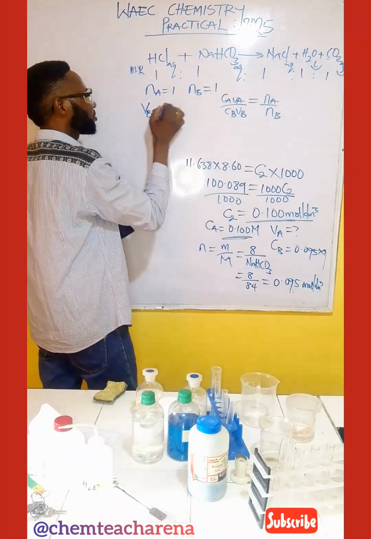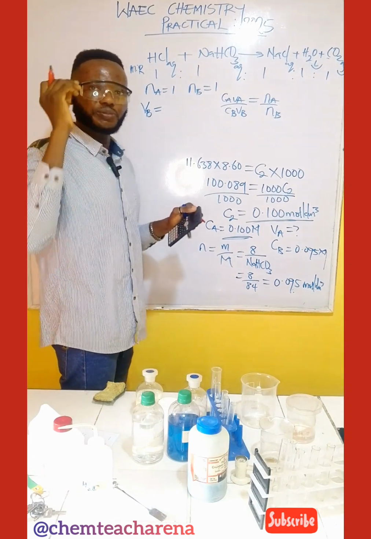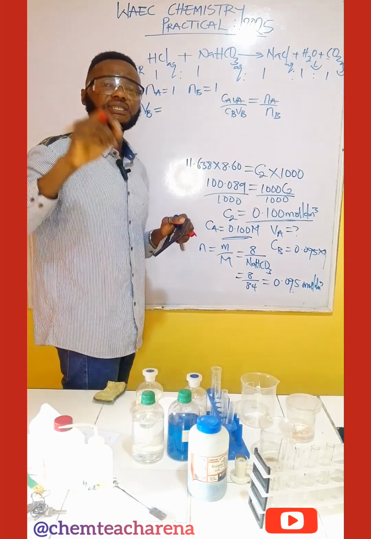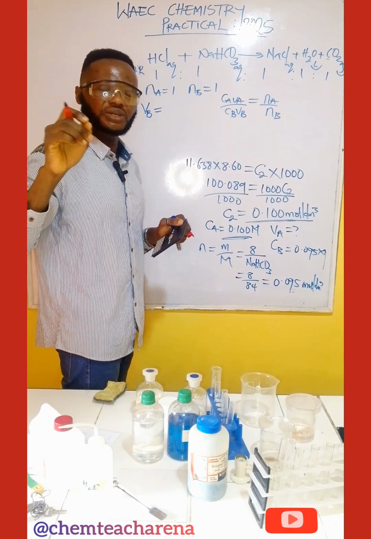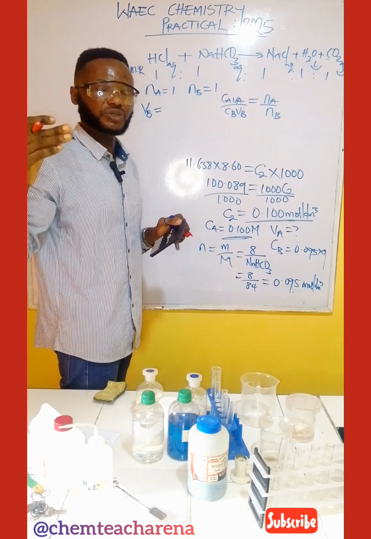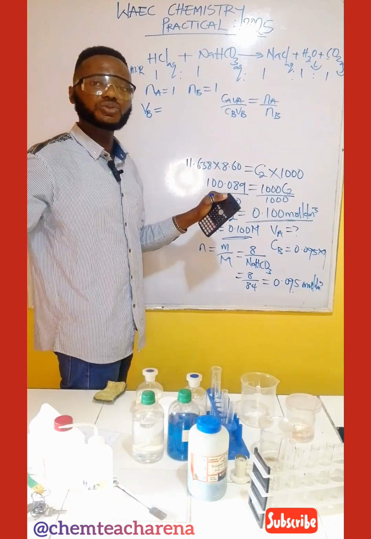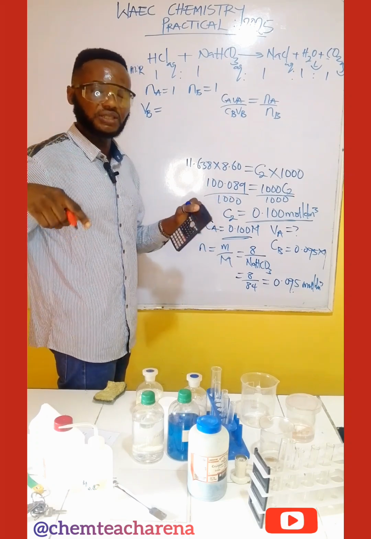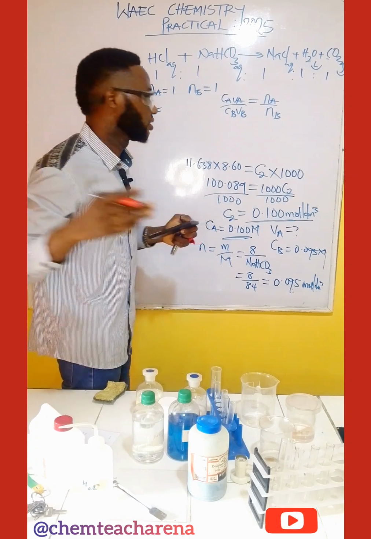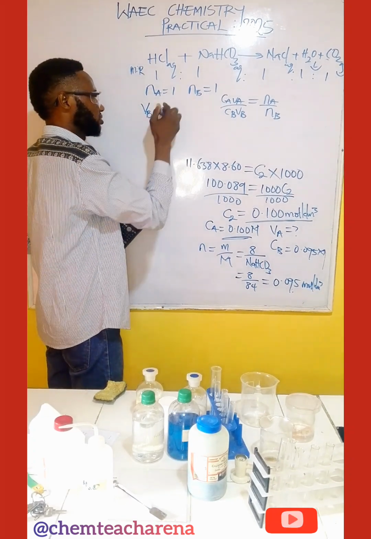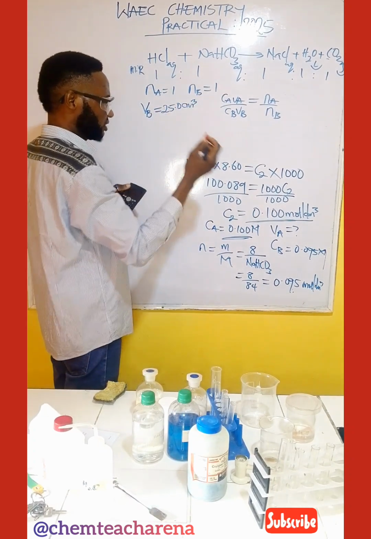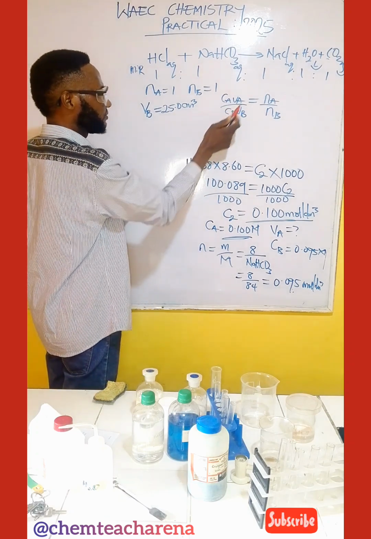Your pipette, the one used to suck base, is either 20.0 cm cube or 25.0 cm cube. Most schools use 25.0 cm cube. Even our school here, they use 25.0 cm cube. So the volume of my base is going to be 25.0 cm cube.